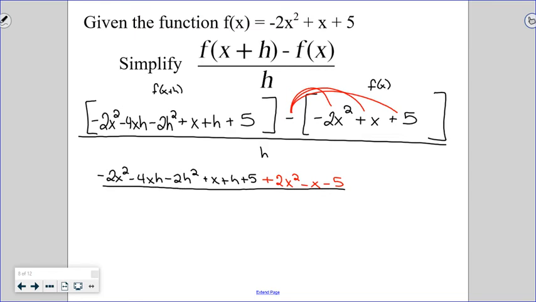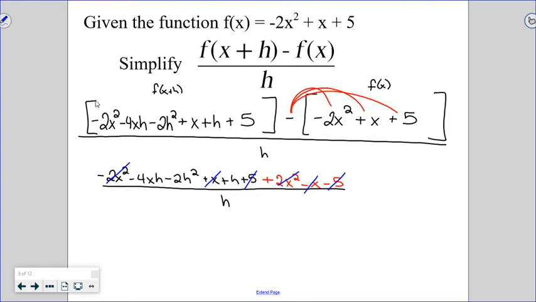Okay, here's why it is so important that I distribute that negative, because at this point you should have some things canceling. You will always have some things canceling. Negative 2x squared and positive 2x squared. Gone, right? And negative x and a positive x. You kind of got to search for them a little bit, but that's gone. Positive x, negative x, gone. What else can I get rid of? Positive 5, negative 5, gone.